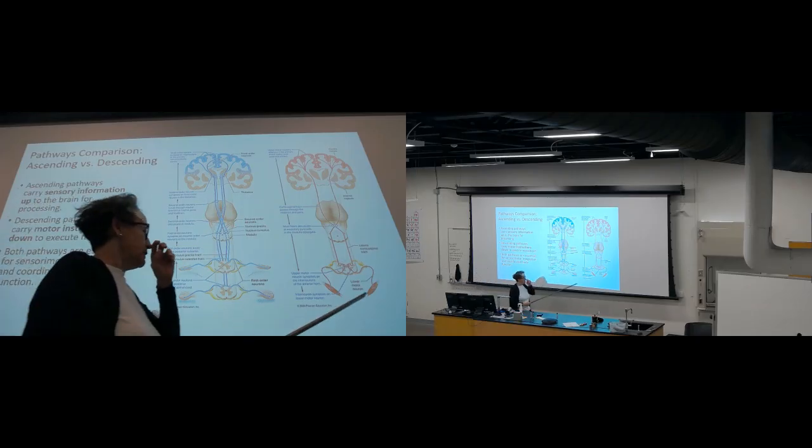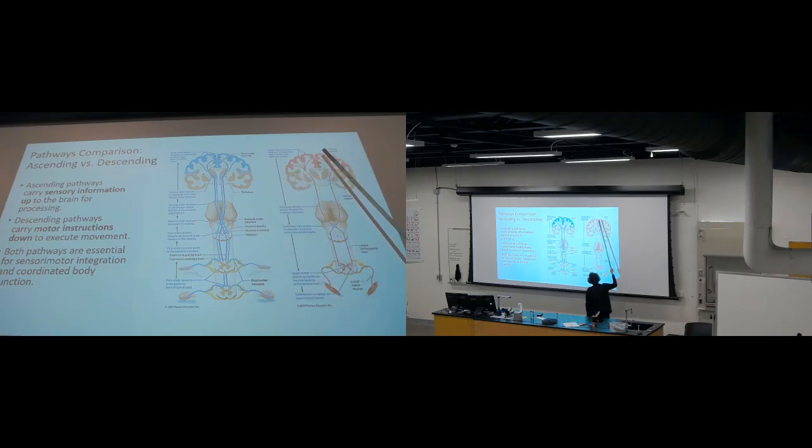And then for the descending pathways. So descending pathways start in the cerebrum. In this case, it will be in the cerebral cortex. And you have multipolar neurons that extend long axons that migrate here between these basal nuclei, and then go down and connect into the opposite side of the body in the medulla oblongata.